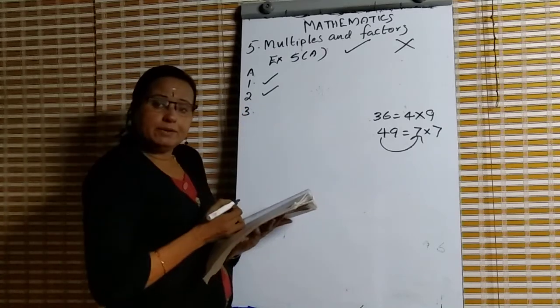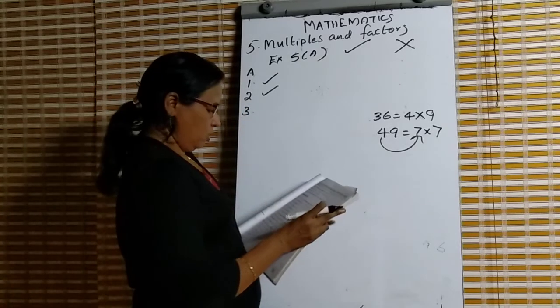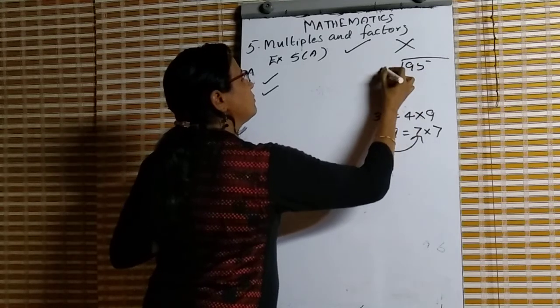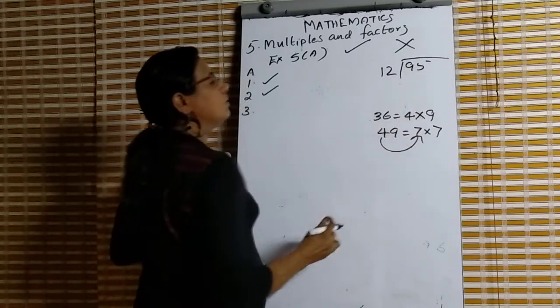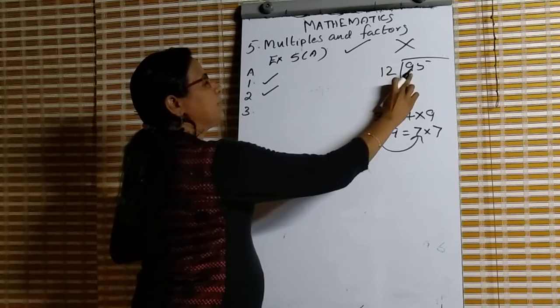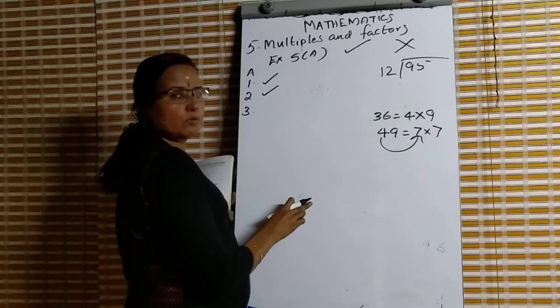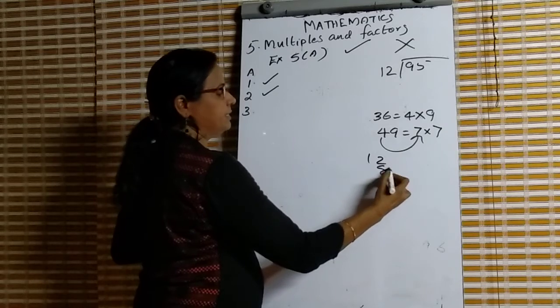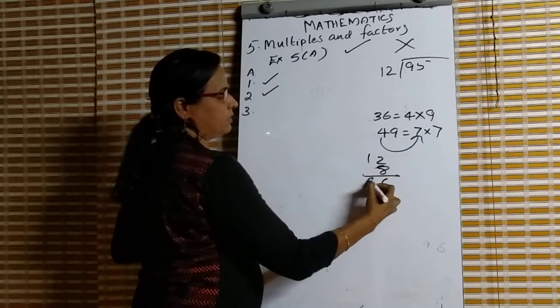Third, 95 is a multiple of 12. We divide 95 by 12. First we take the 9, which has no 12. So 12 into 8, 96.